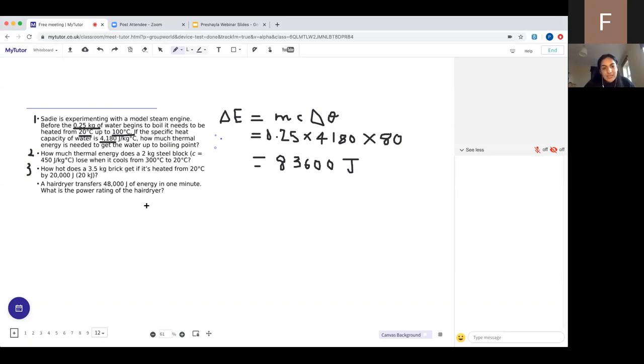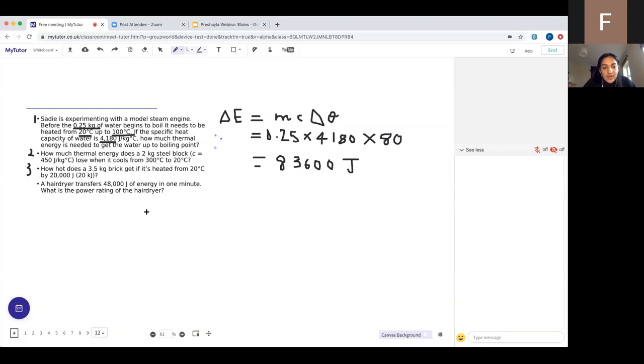Well, this requires us to use the specific heat capacity of brick, but we'll put in the rest of our values first.